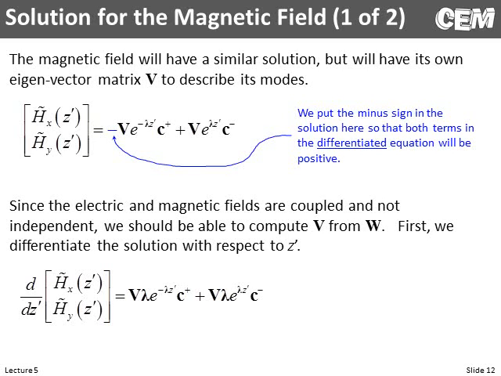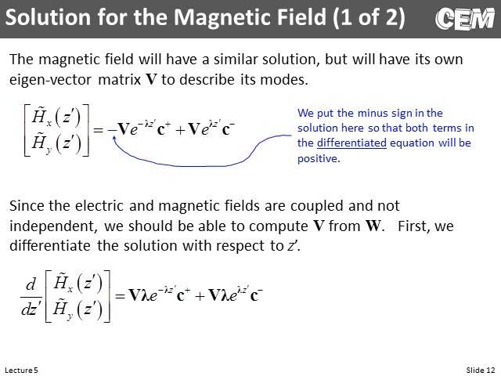So we just found the solution for the electric fields. We also need now the solution for the magnetic fields. So I'm going to write them in a very similar way. There's one difference. I'm going to stick a negative sign here. And I can do this arbitrarily because I haven't calculated C yet, or I haven't calculated V yet. And in fact, if that negative sign shouldn't be there, that will just come out in the V's and C's.